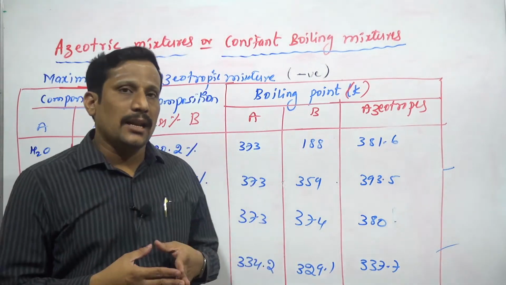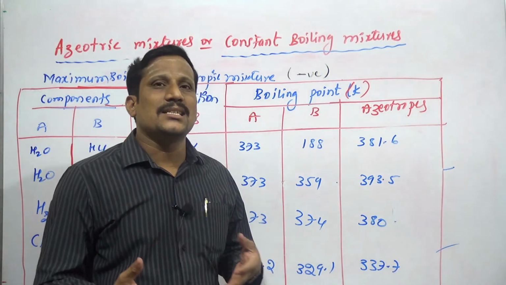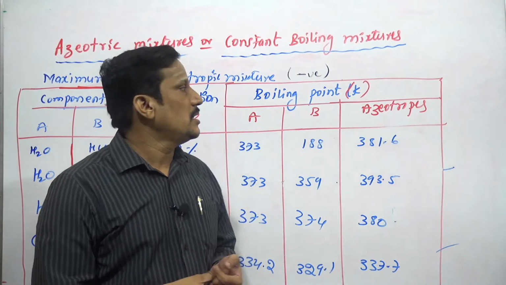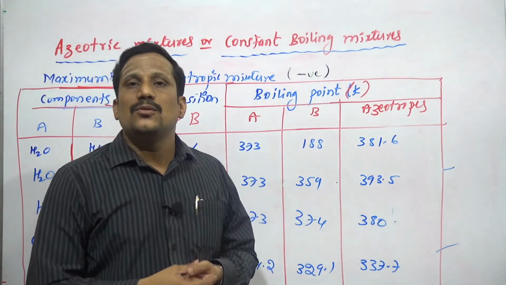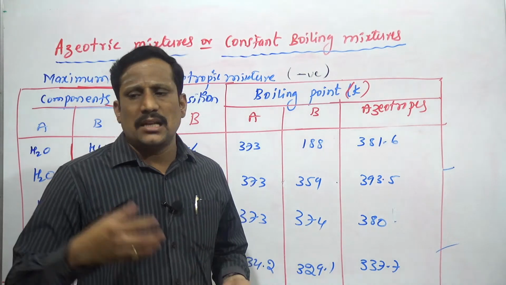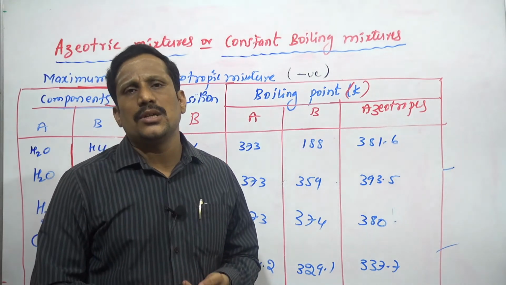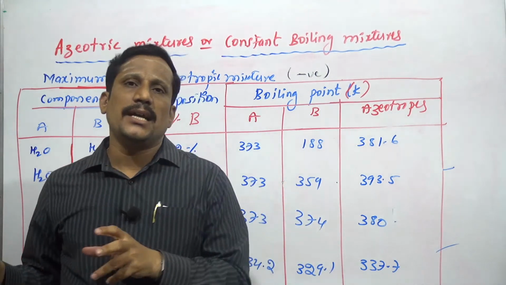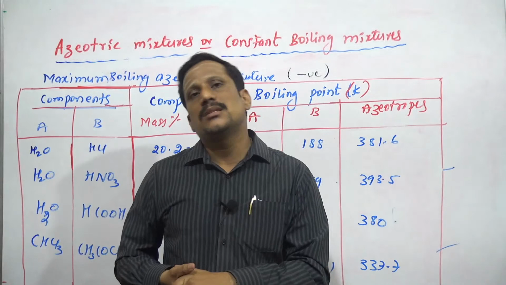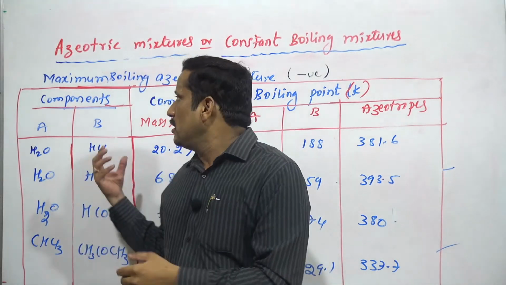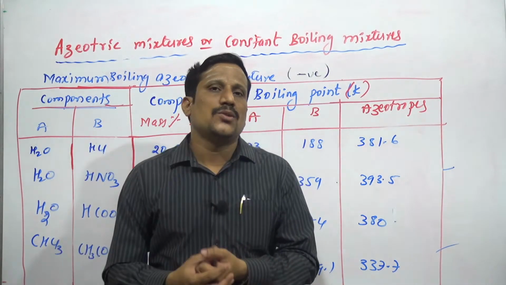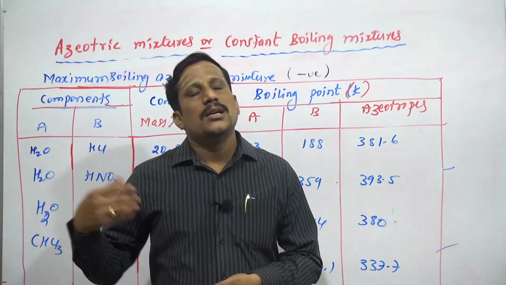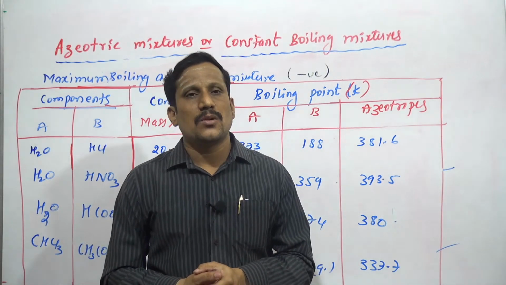Then Henry's law, problems based on Henry's law, and then ideal solution, non-ideal solutions. Regarding ideal and non-ideal solutions, they are asking many times examples only. Which of the following forms an ideal solution? Which of the following forms a non-ideal solution? Then solution which shows positive deviation from Raoult's law, solution which shows negative deviation from Raoult's law.